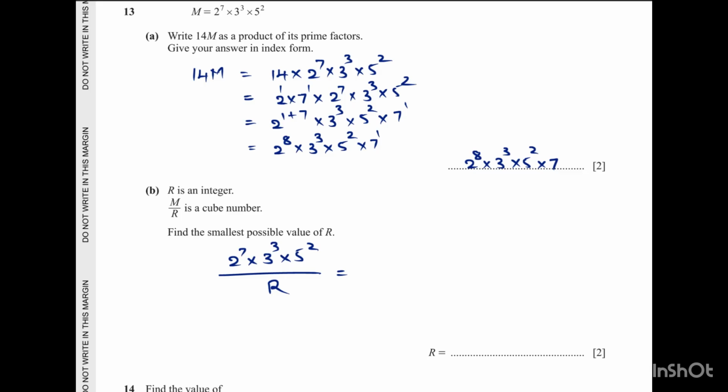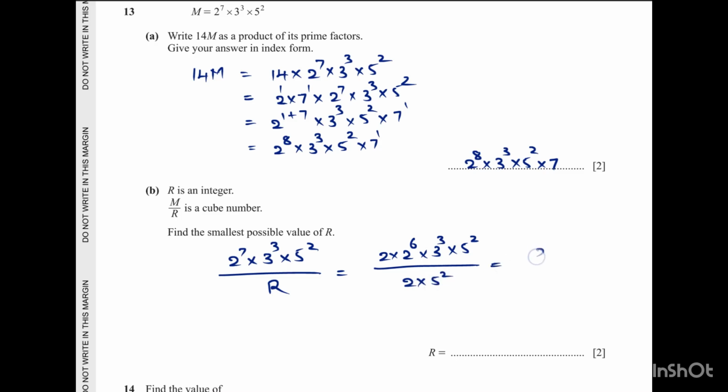Because if I take away one 2, 2 raised to 6 will be a cube, and then 3 raised to 3 is already a cube. Then 5 raised to 2 is not a cube, I have to take away these two. So that means I need to take away this and this. So r should be the product of these numbers only.